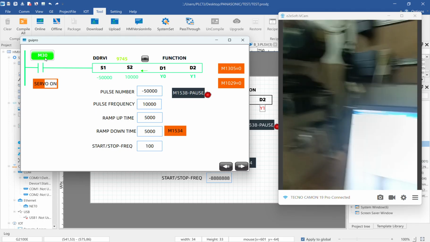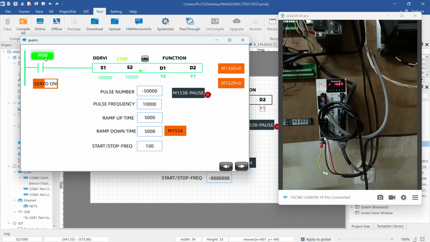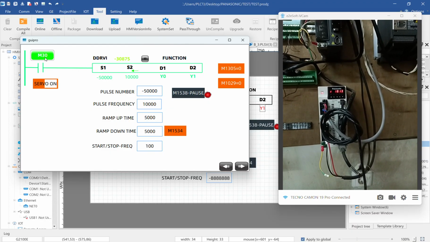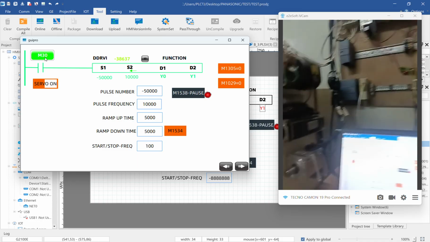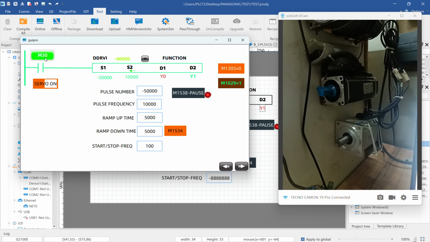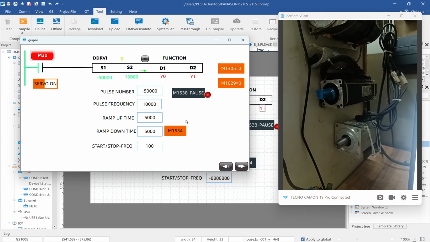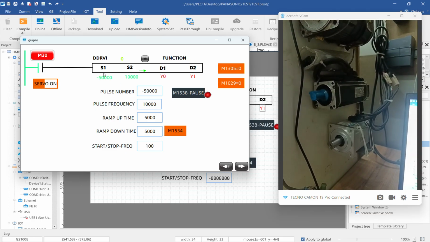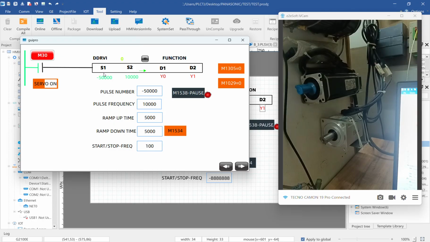Again, you can see here how ramping up and down is working. We have acceleration and deceleration for the speed. Make on and off again. Other things we don't have here; we have only relative position.